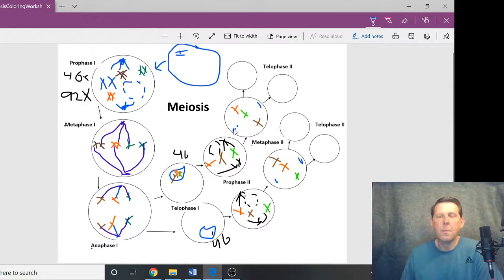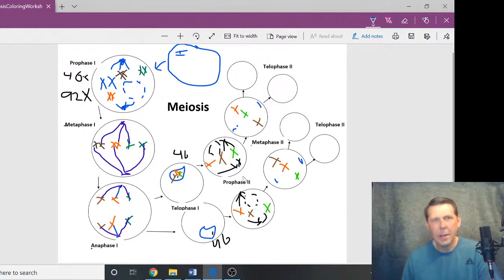Now this time, when they attach, they're going to be attaching. You know what I just noticed? There's no anaphase here. No anaphase 2. Isn't that interesting? We're going to have to make up our own anaphase 2.